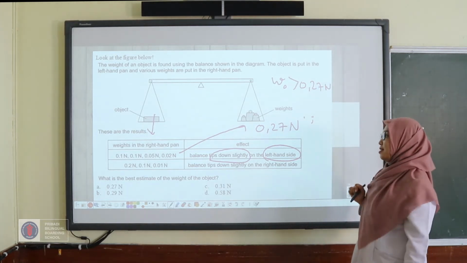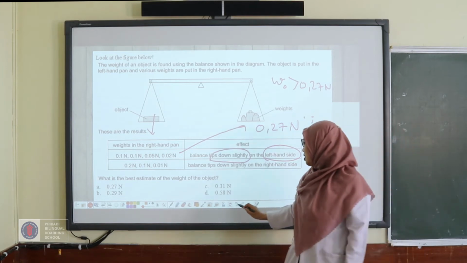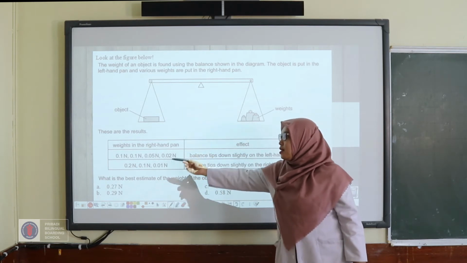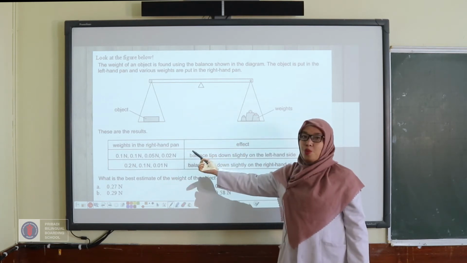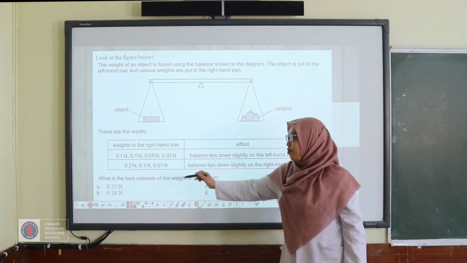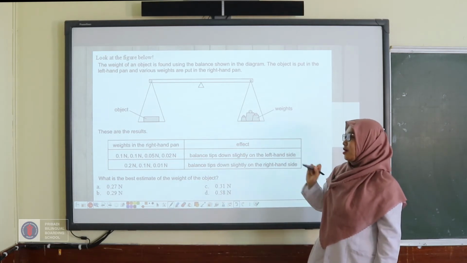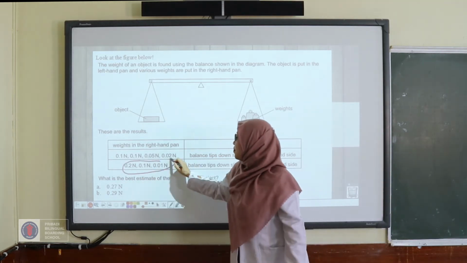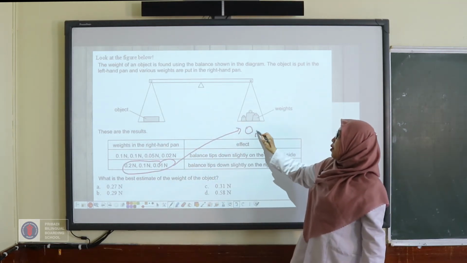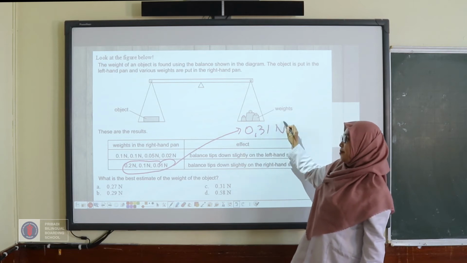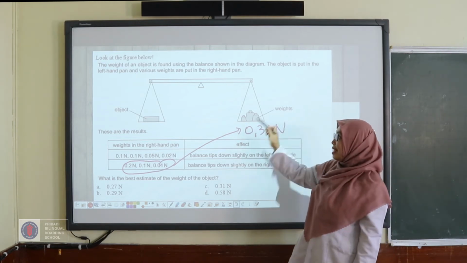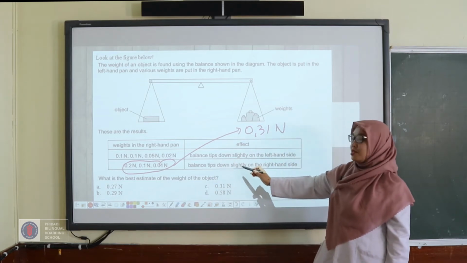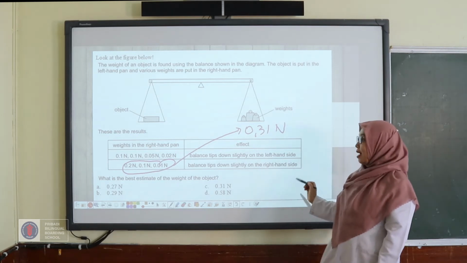And then for the second trial, she put 0.2 Newton, 0.1 Newton, 0.01 Newton. You can add all of these weights. The total weight equals 0.31 Newton. When she put this weight, the balance tips down slightly on the right hand side.